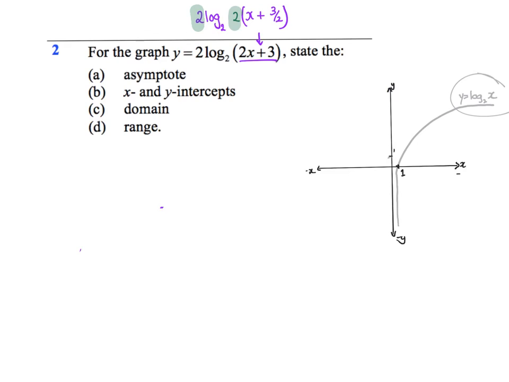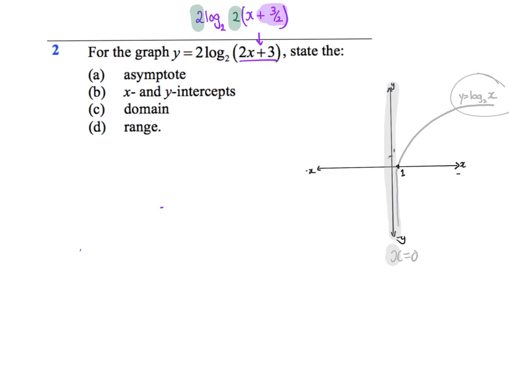So this was our basic one. What was the basic one asymptoting on? It doesn't go past, would you agree, x equals 0, this line? Doesn't go past that line. So when I've got this plus 3 over 2, doesn't that move the graph to the left?